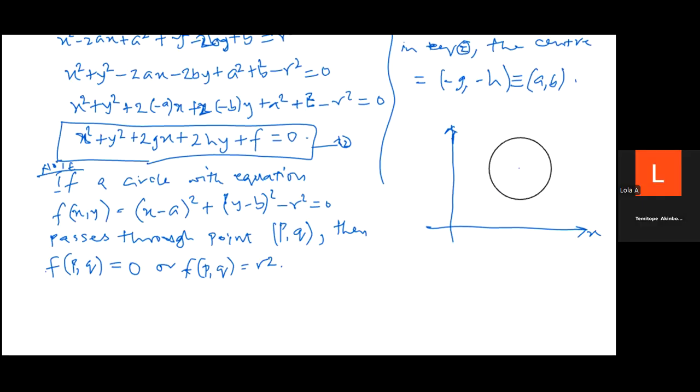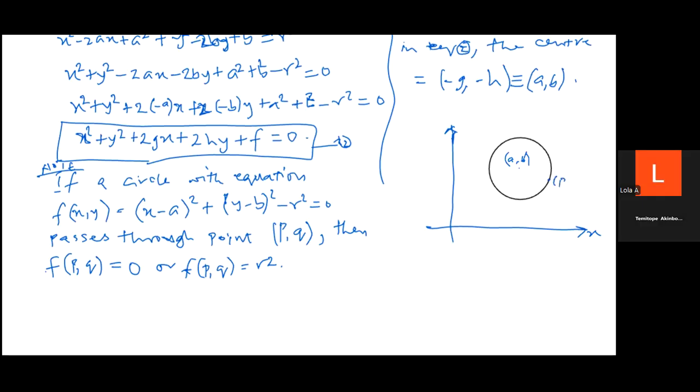Now, suppose this is the circle, and the center of the circle is A, B. All right? So let's assume this circle passes through point P, Q here.